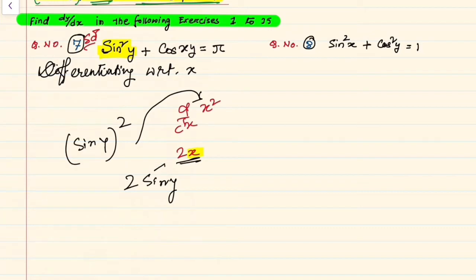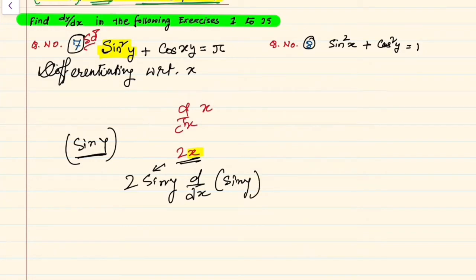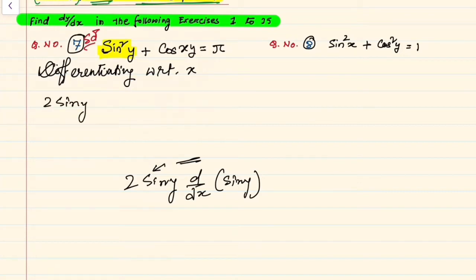that means it is 2 sine y. Now as it is a function of function, again you have to differentiate sine y, okay. So what we can write here, 2 sine y, derivative of sine y again.